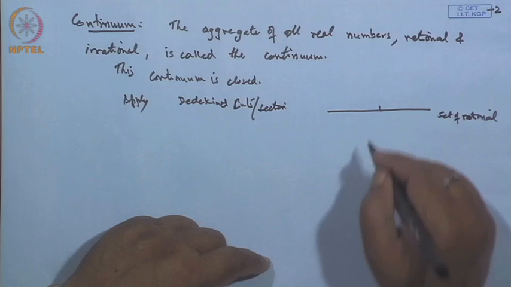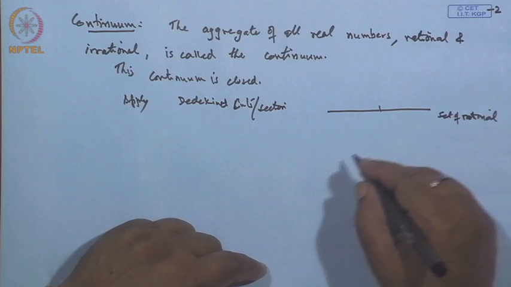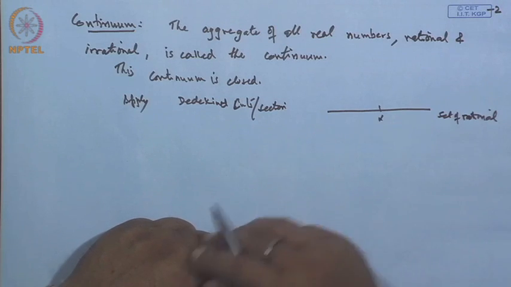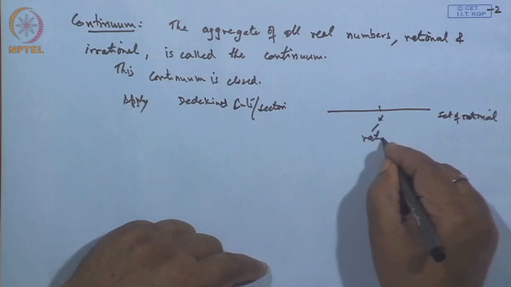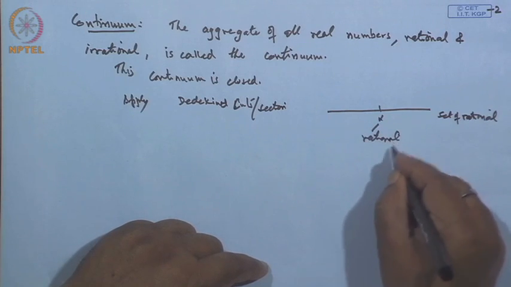When you apply the Dedekind cuts, we are basically bringing this into the form of sections. So, each section will correspond to some number alpha. Now, this alpha may be a rational number or may be an irrational number.